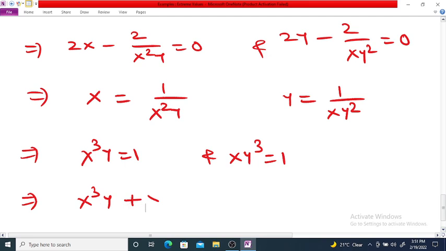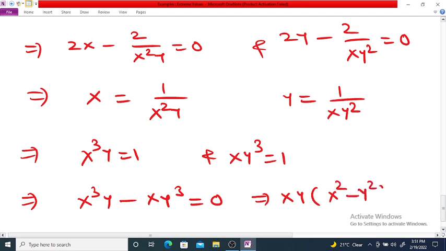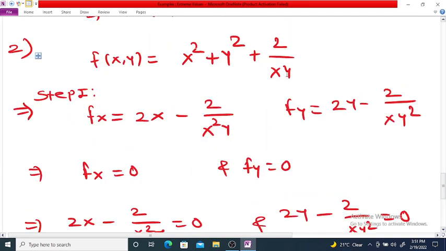If we subtract these two equations, x³y - xy³ is equal to 1 - 1, which is 0. If we take xy outside, then we get x² - y² = 0, as xy is not equal to 0. If xy = 0, what happens here? f(x,y) is undefined.